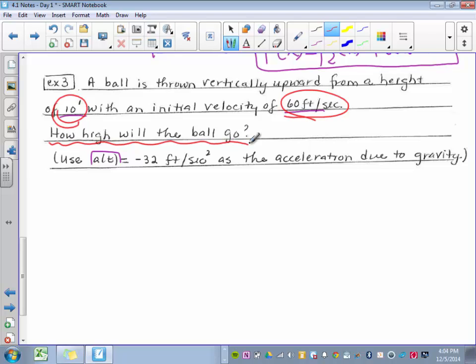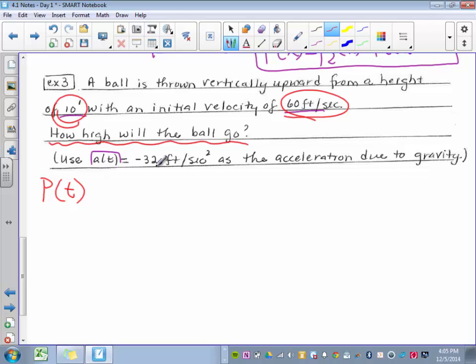Okay. So what we're going to do is derive that position function that we used to just plug things in. We're going to derive this function using the antiderivative. And we're going to use the fact that this a of t, which is the second derivative of p of t, is equal to negative 32 feet per second squared as the acceleration due to gravity. So check this.